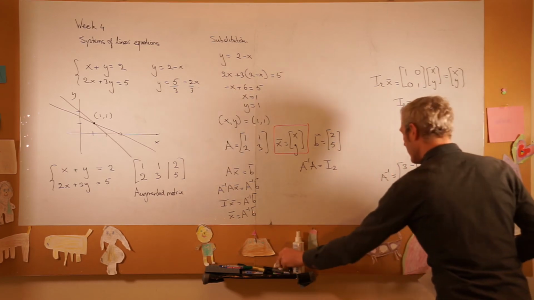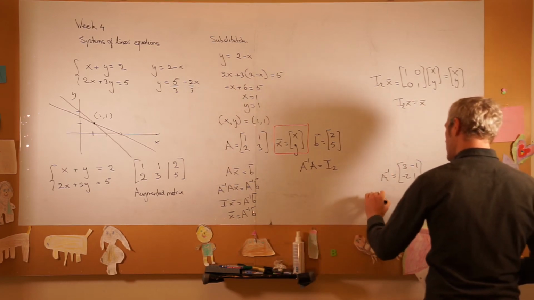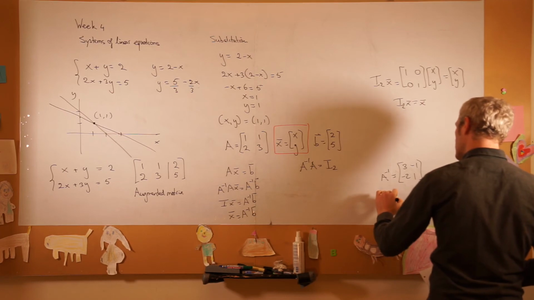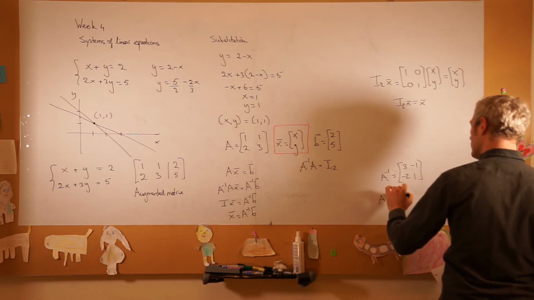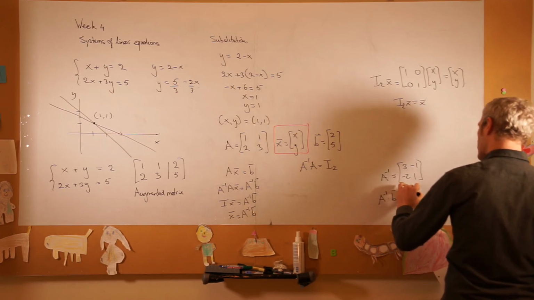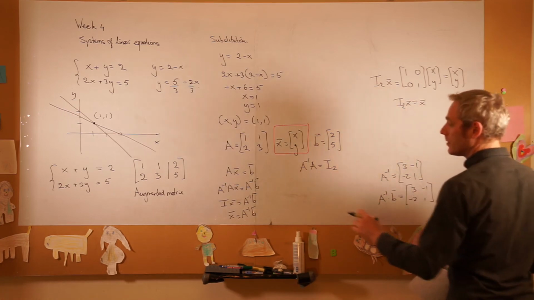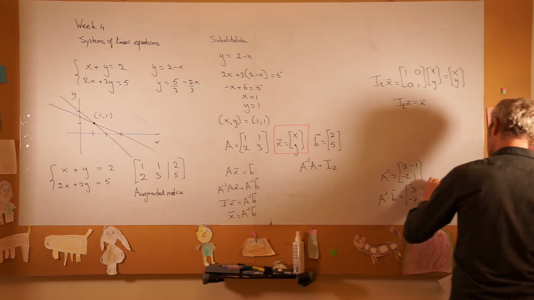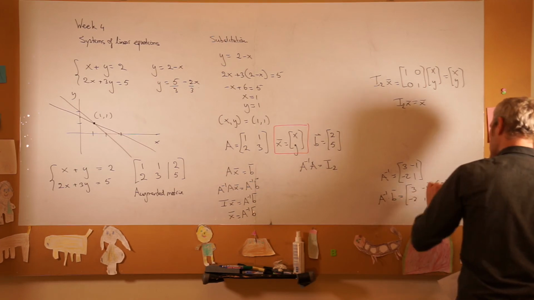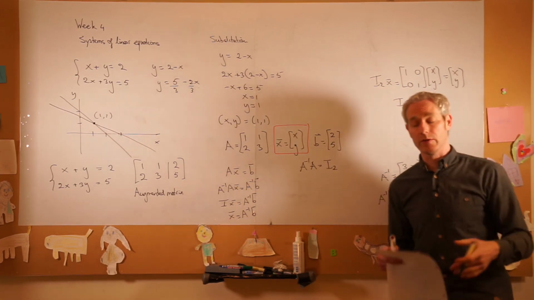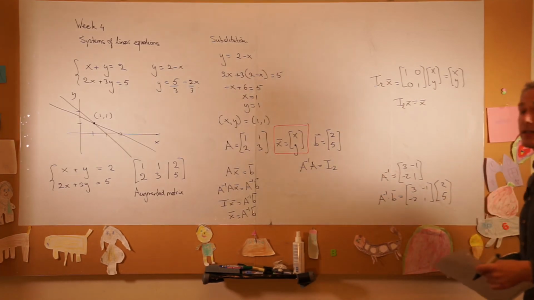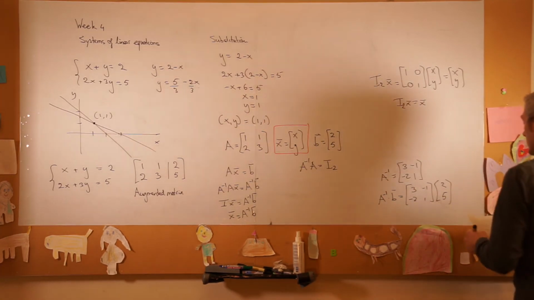If this is our inverse, then the inverse times B is equal to 3, minus 1, minus 2, 1 times our vector B, which is 2, 5. Well, A inverse is a 2 by 2 matrix, B is a 2 by 1 vector, so this multiplication is easy to do.